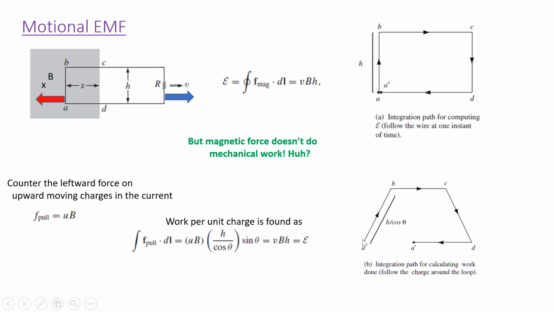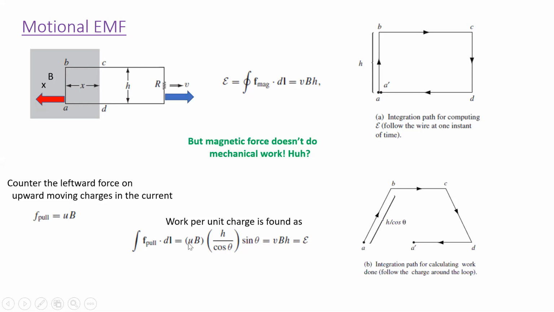And if this angle down here is theta, then this length that it moves is actually h, the height here, divided by cosine theta. Okay, so if you set up a right triangle here with this angle as theta, you can verify that this hypotenuse is h over cosine theta. So the distance is h over cosine theta, and then because we're taking the dot product between the force to the right and that distance, we have to include the sine of theta.